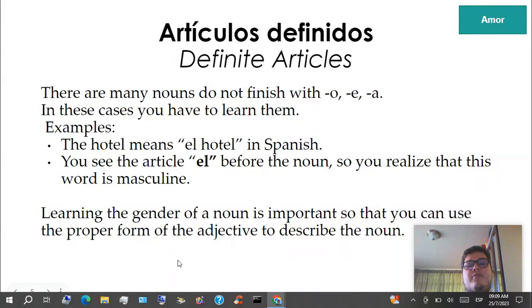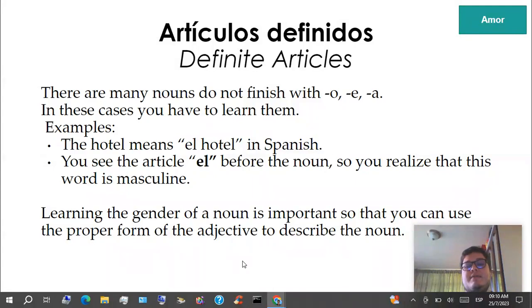And learning the gender of a noun is important so that you can use the proper form of the adjective to describe the noun. For example, if we have a word like hotel and we want to add an article, we are going to say el hotel because this is masculine and singular. But if we want to add an adjective, we are going to say el hotel maravilloso, that means the wonderful hotel.